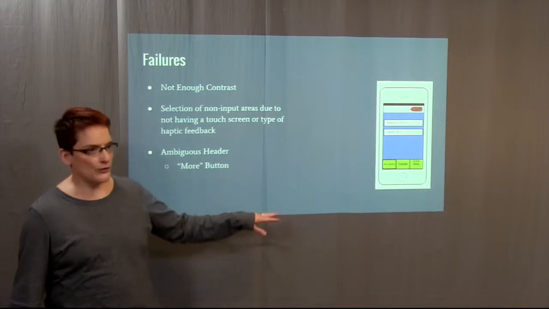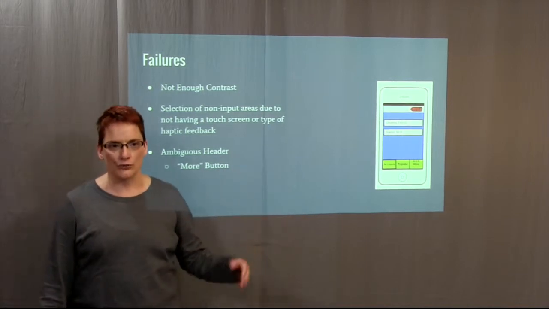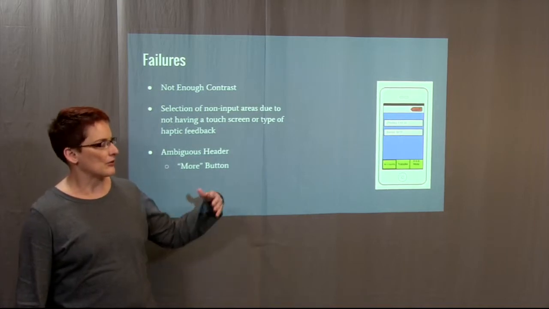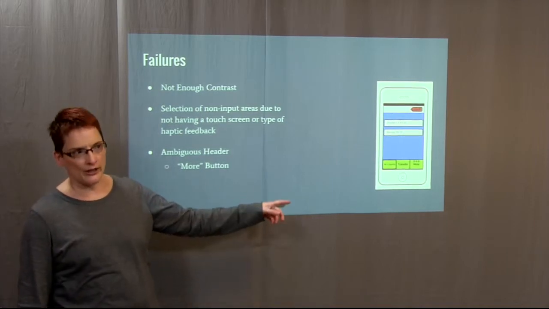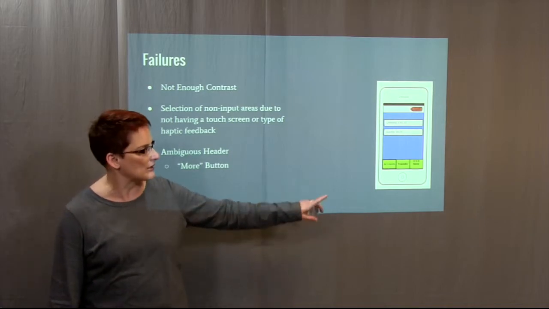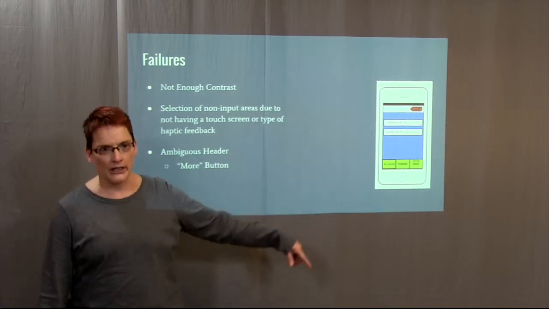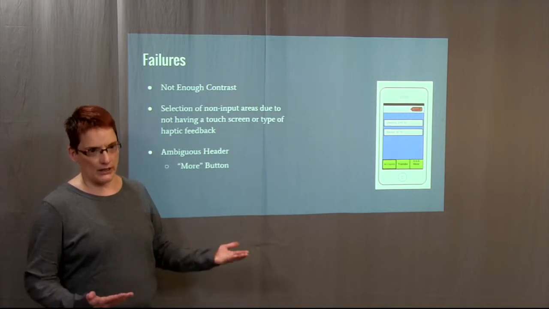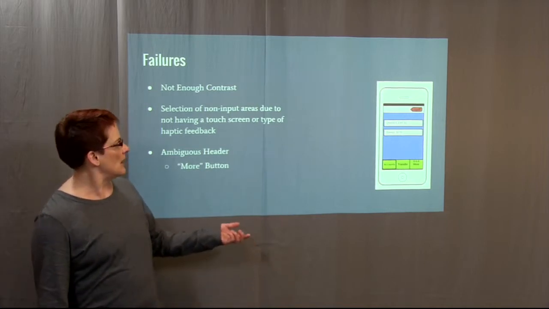Another area of failure was that users were trying to input text or other kind of input into areas that were non-input areas, like the checking and savings area that we mainly use just as a display to show the account balances.